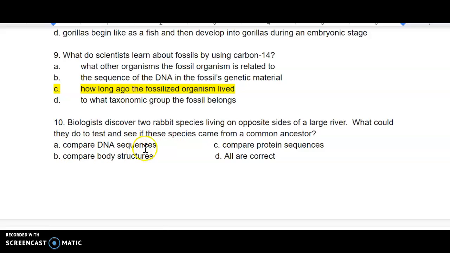If they have similar DNA, then we can assume they came from a common ancestor. If they have the same body structures, we could assume they came from a common ancestor. Or if the protein sequences are closely related, then we can again assume that they maybe came from the same group of species, and then they underwent divergent speciation and developed into 2 different species. So all of the above are correct.